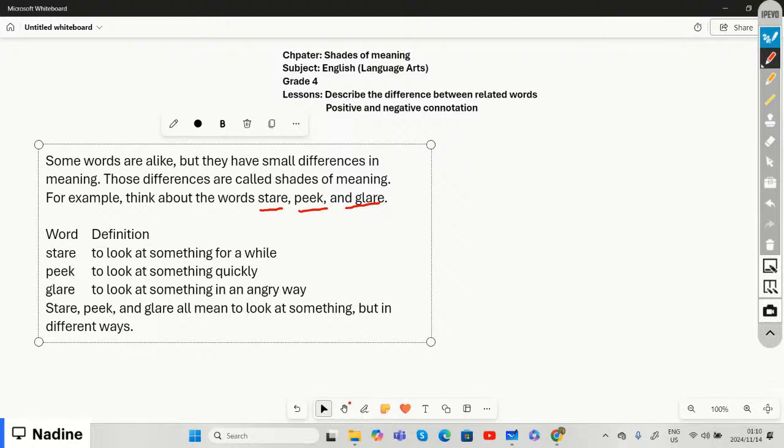If we look now at words as well as a definition, these are words we call shades of meaning.